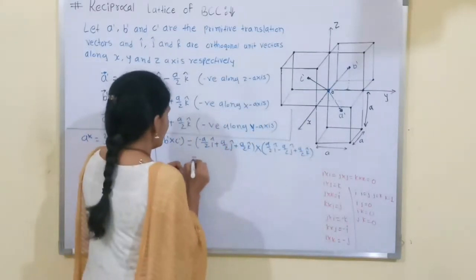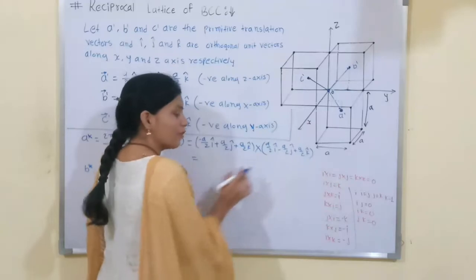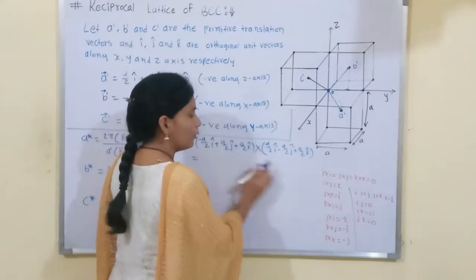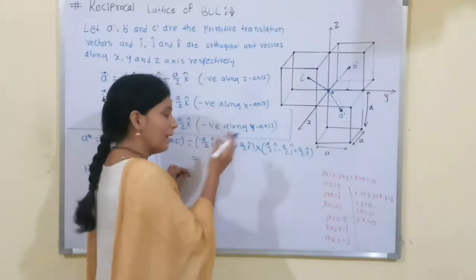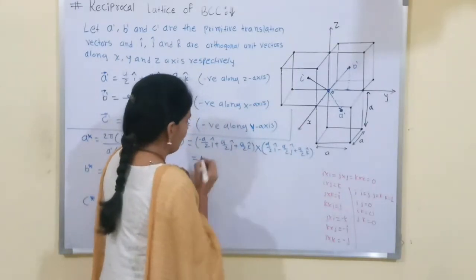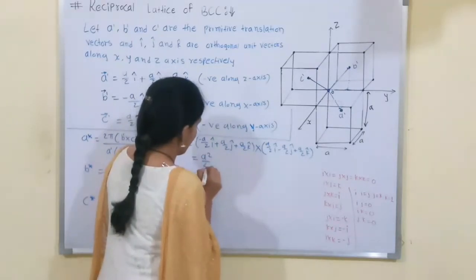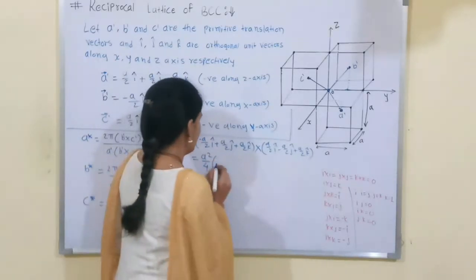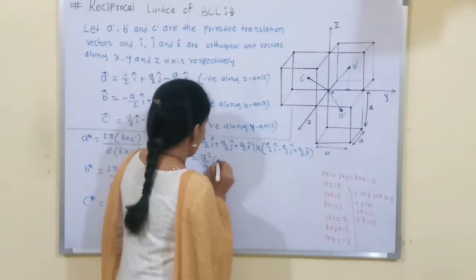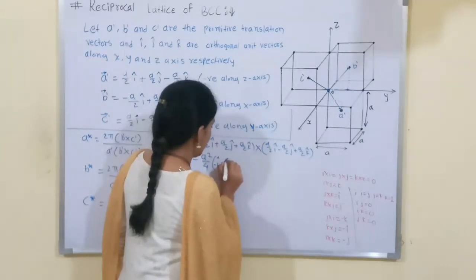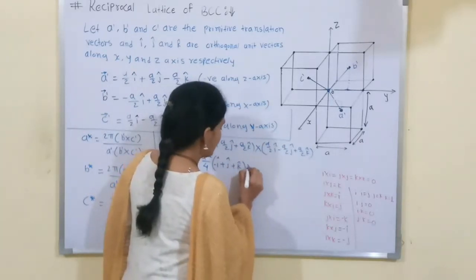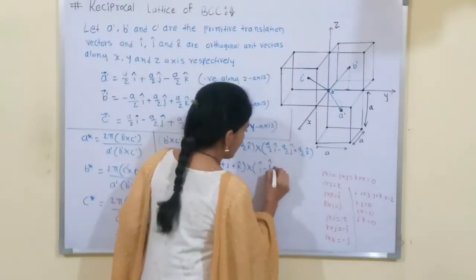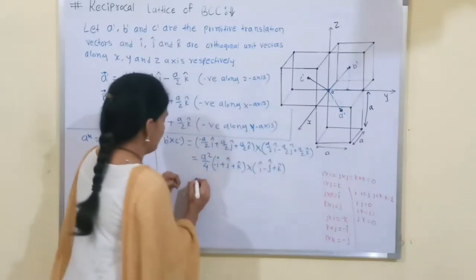For simplicity, we will take common A by 2 from both brackets, so both give A square by 4. Or simply we will write the unit vectors in brackets. That is minus i cap plus j cap plus k cap cross i cap minus j cap plus k cap.